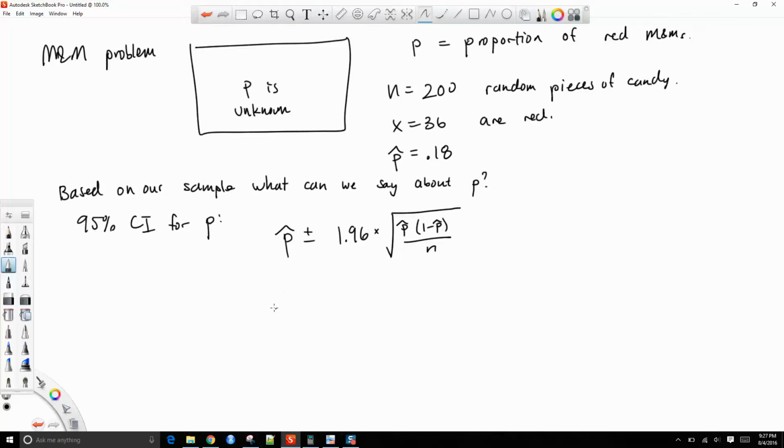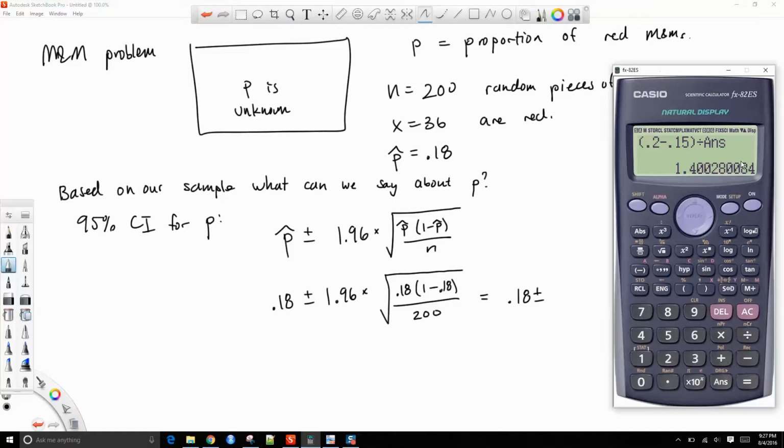So I've got 0.18 plus or minus 1.96 times the square root of 0.18 times 1 minus 0.18 divided by 200. So this becomes 0.18 plus or minus, and then I'm going to punch all of this out.